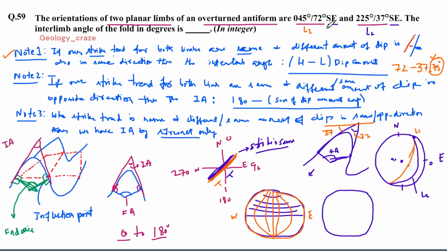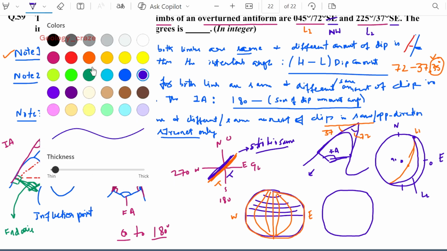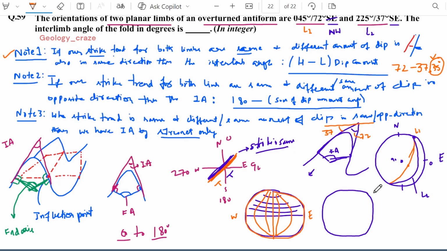Instead of southeast I will write northwest. Same question. So now this is for limb 1. I will change the color so that you can understand in a better way. Now the same curve will shift toward this side, because it is dipping toward northwest this time.